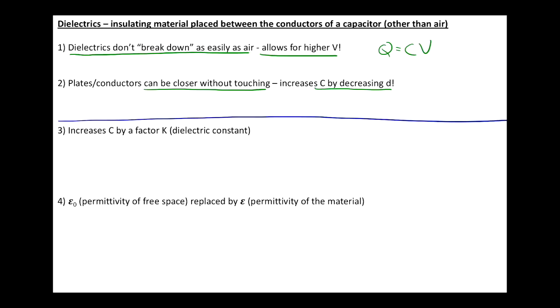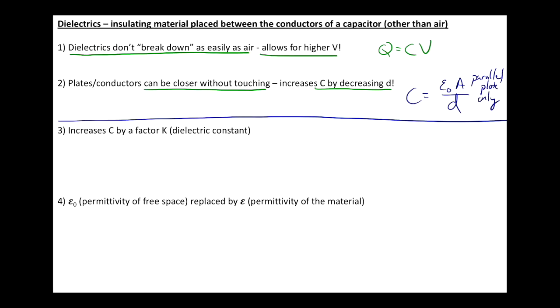And also it allows me to physically put the plates closer together. And if I do that, that increases the amount of impact one plate has on the other and increases the capacitive effect as well. Because you might remember that for a parallel capacitor, it's epsilon naught A over D. So if I can decrease D, I increase the capacitance, all right? So again, that's for parallel plate only.